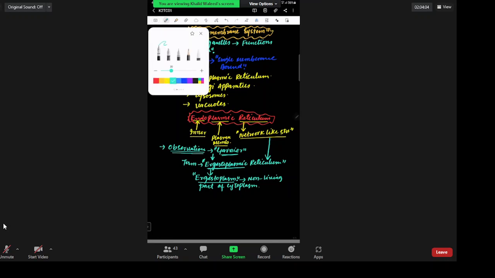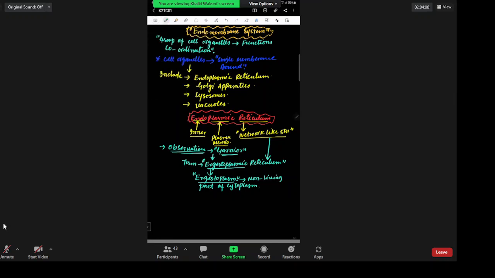Let us make this thing more easy for you people by supposing. To give you an actual idea of ergastoplasm, let us suppose we have a cell over here. Suppose this yellow color gola is a cell.